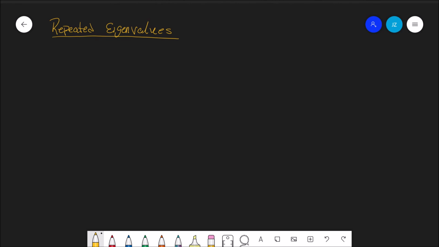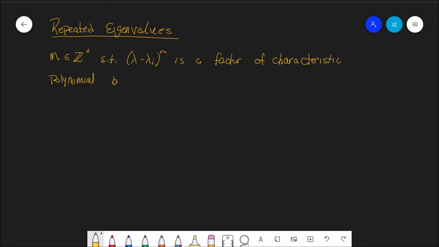So that is, we let m be a positive integer such that (lambda minus lambda I)^m is a factor of the characteristic polynomial, but (lambda minus lambda I)^(m+1) is not.